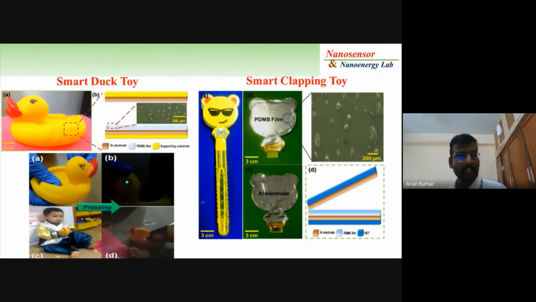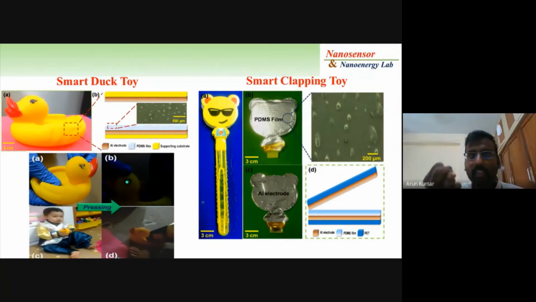And this is a toy, both the duck toy and the clapping toy. Here we connected an LED to this device. Mainly we focused on people who have nerve difficulties, not exactly paralysis, but some difficulty to press and hold.